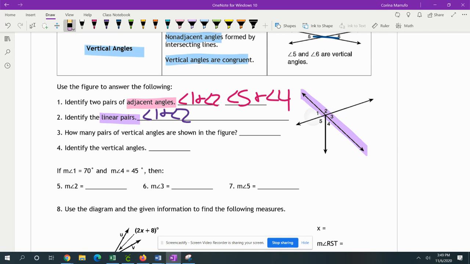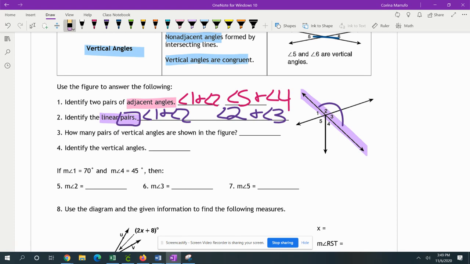Let me erase this so we don't get confused. And that would be 2 and 3 together make a straight line. Okay. Now 1, 5, and 4 together make a straight line, but they said a linear pair, and a pair is 2. A pair is not 3, a pair is 2, so that's why we can't say 1, 5, and 4. But 2 and 3 are a pair.